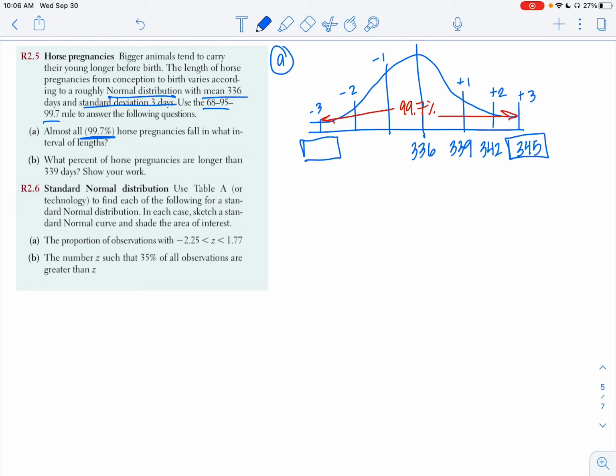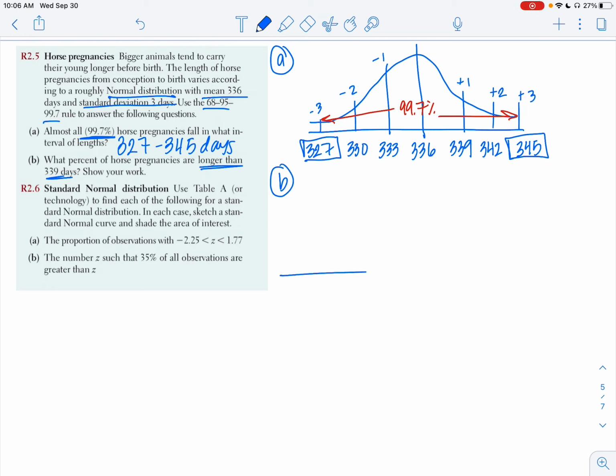Then if you keep subtracting, 333, 330, and then 327 would be there. So for part A, our answer would be from 327 to 345 days would be the interval that most of the horse pregnancies last.